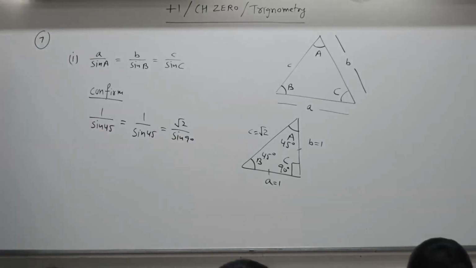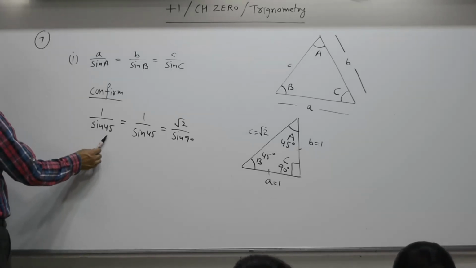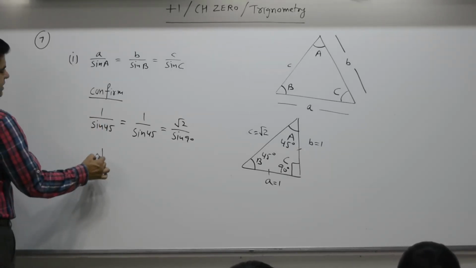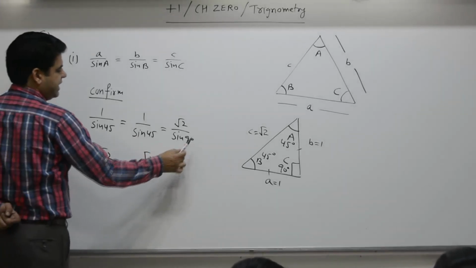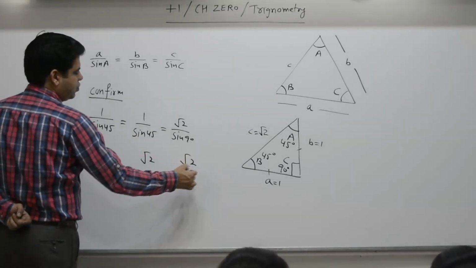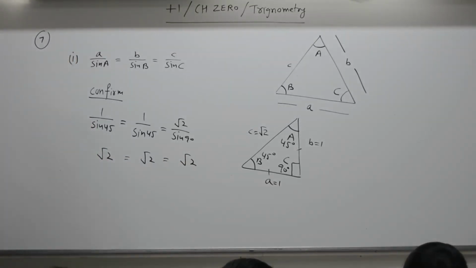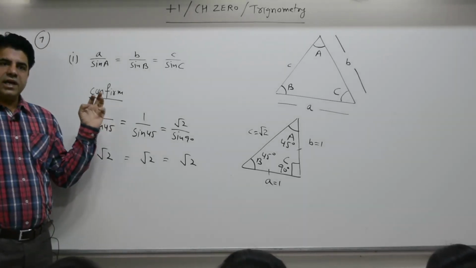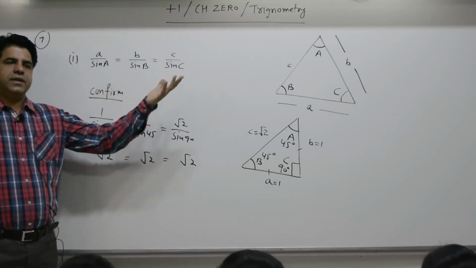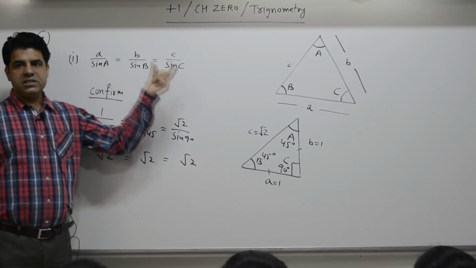Confirm whether it is correct or not. Sine 45 is what? 1 by root 2, reciprocal becomes root 2. This will also come out to be root 2. Sine 90 is what? 1. So root 2 by 1 is root 2. So that means the side divided by sine of opposite angle, that ratio remains the same.